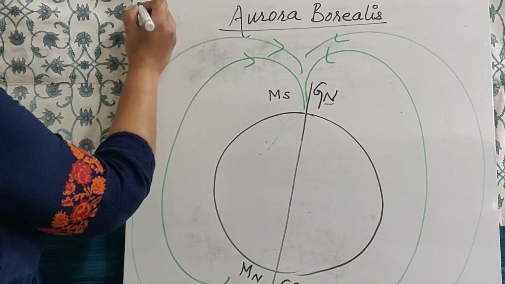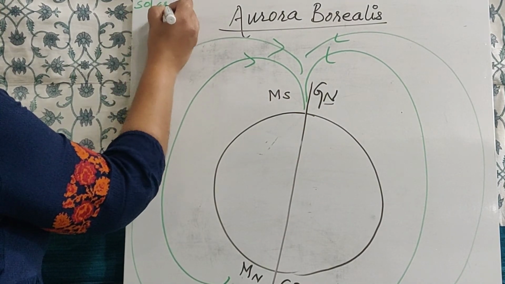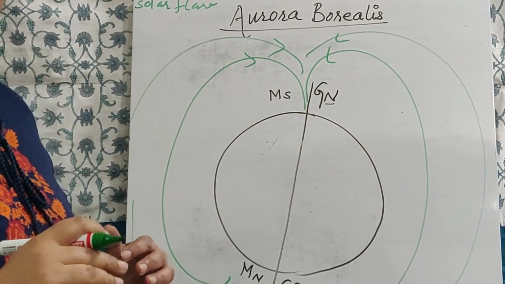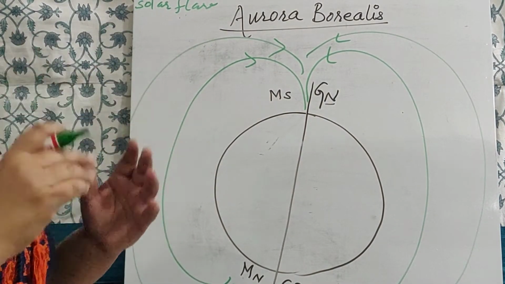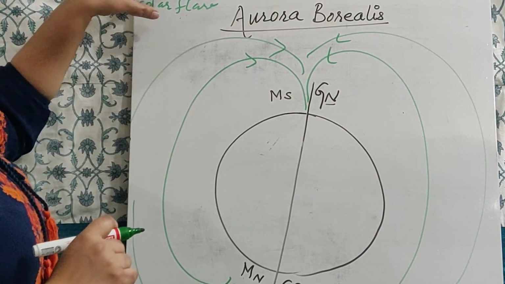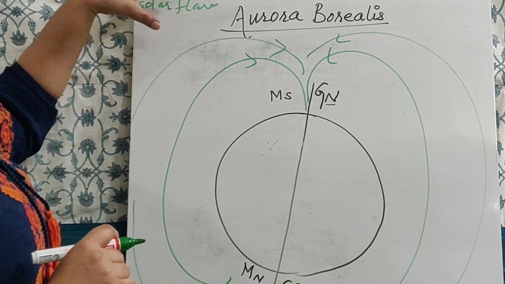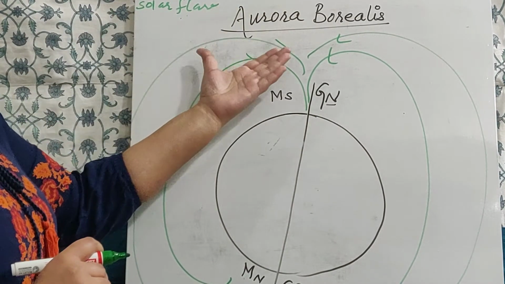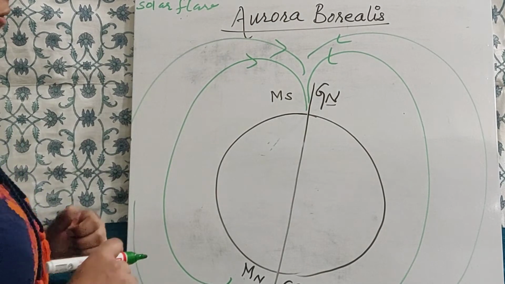Now at the time of solar flare, a large number of charged particles are ejected out in the atmosphere, actually near the sun, and after traveling a long distance, these charged particles get trapped in the Earth's magnetic field.